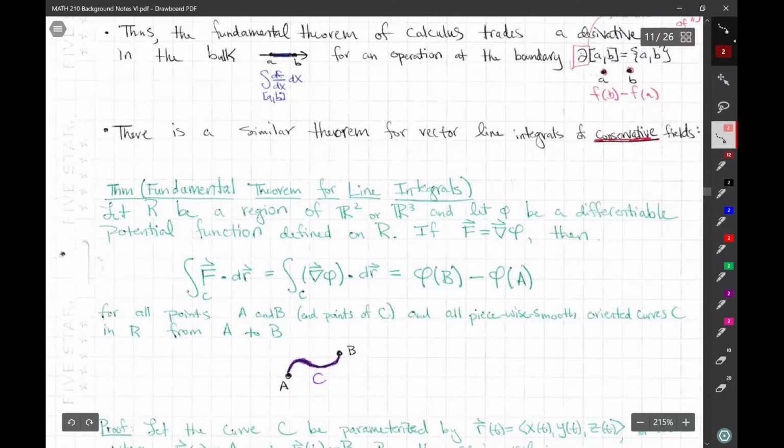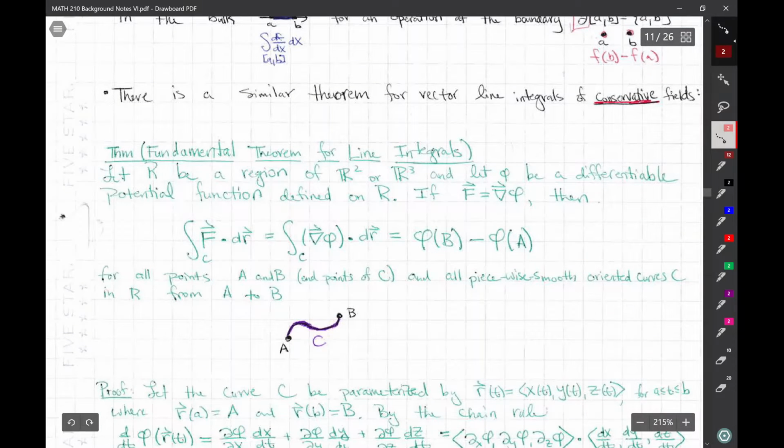gradients. And this is why we were so interested in conservative fields, because if a vector field is conservative and you satisfy some basic properties in this theorem, then what you could do is write F as equal to the gradient of phi, dot dr. And you could trade this derivative of phi for an operation at the boundary.